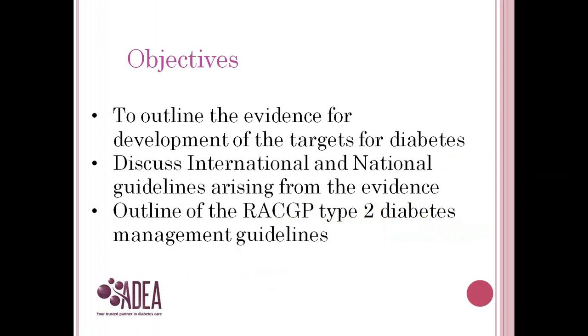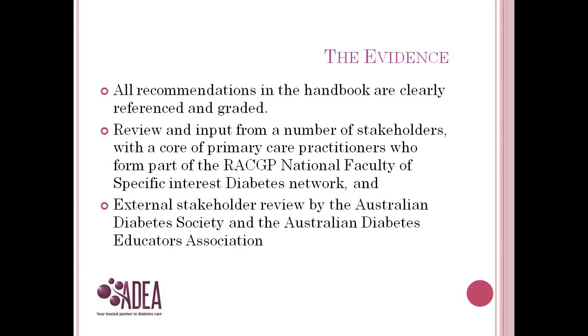Let's keep moving through this and get to some of the nuts and bolts. Just around how these guidelines are being written, it's very important to understand that they were written primarily for general practitioners, but acknowledging at a much higher level the involvement of multidisciplinary teams, including diabetes educators amongst those principal team members, and of course other allied health members.